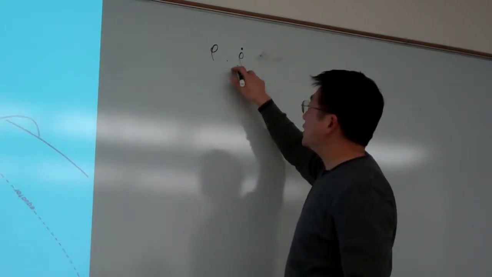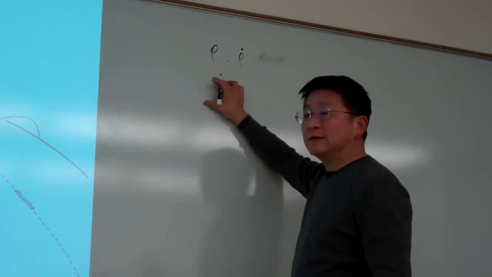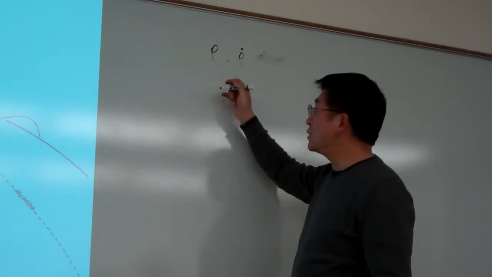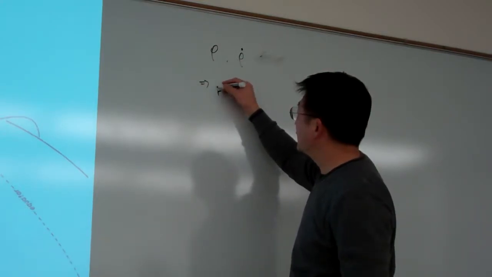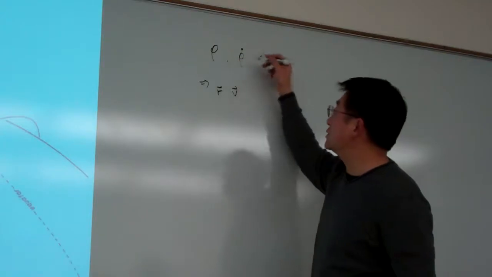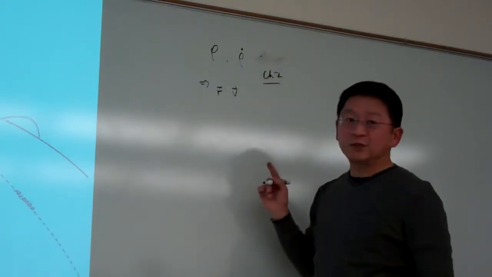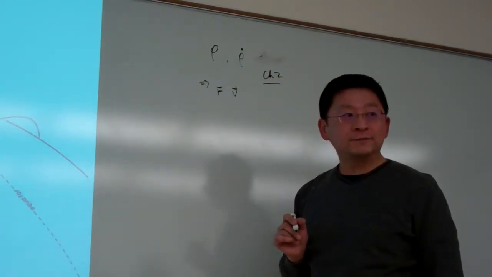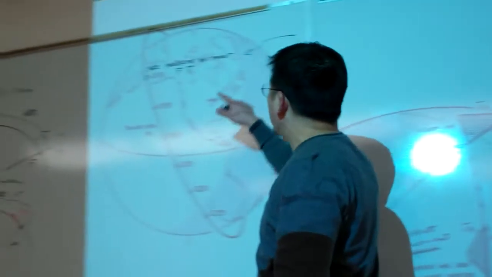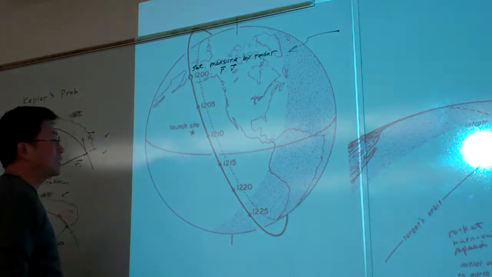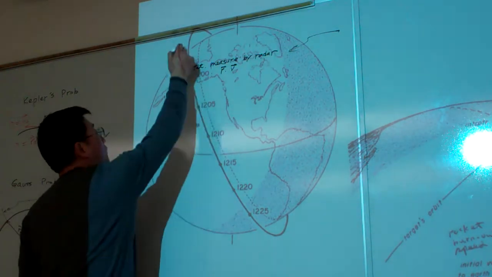Then we also add the radius of the Earth, and then we can convert into R and V. If you remember that section in chapter 2, that was part of our test before, and I'm going to remind you later. So anyhow, once we have these two things ready, then we can determine the orbit.